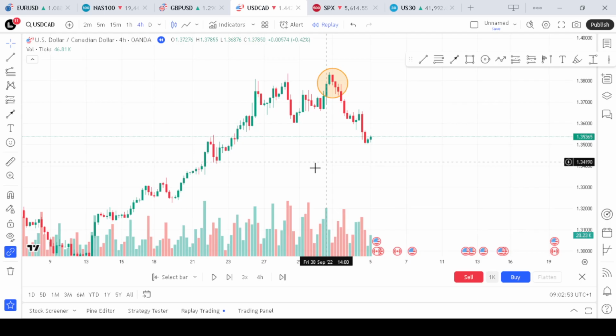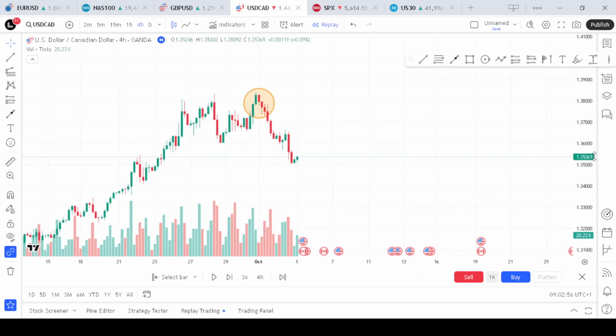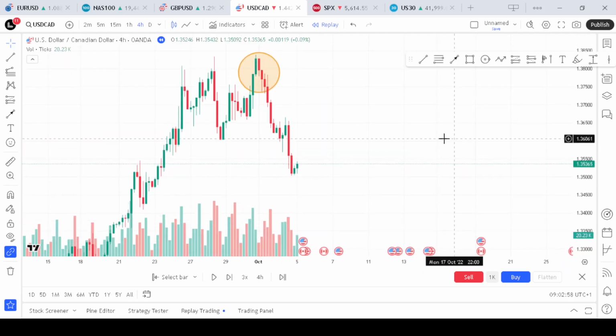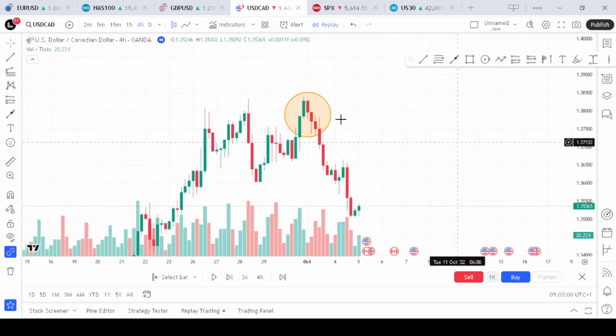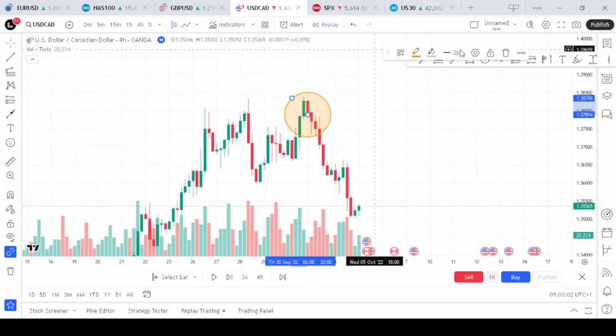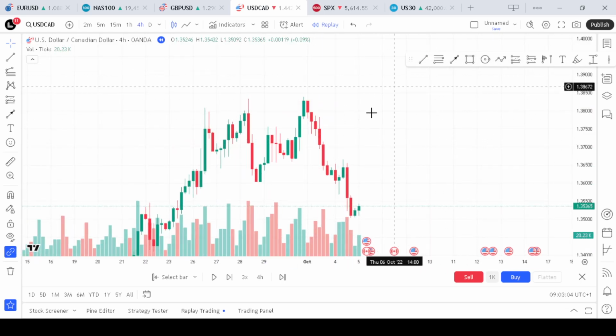Remember that no single pattern guarantees success. Let's not forget that no single trading pattern guarantees success in the forex market. The one black crow should be part of a complete trading strategy that includes proper risk management and multiple confirmation factors.